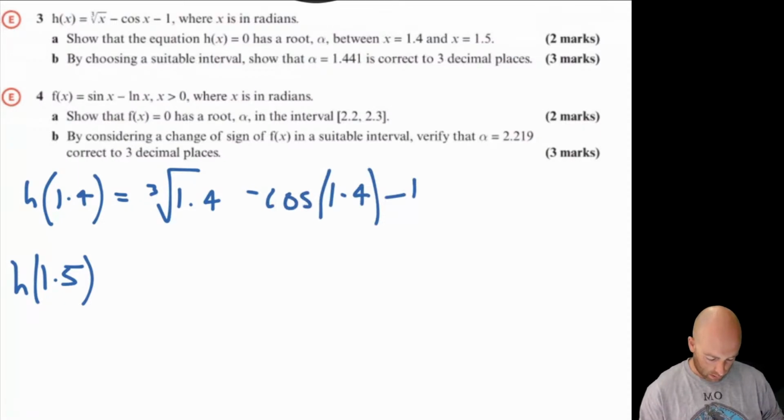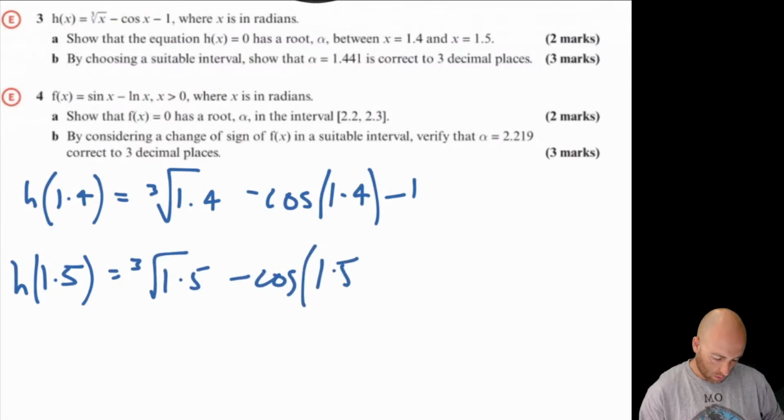It tells us x is in radians, so don't forget to make sure you're in radians.